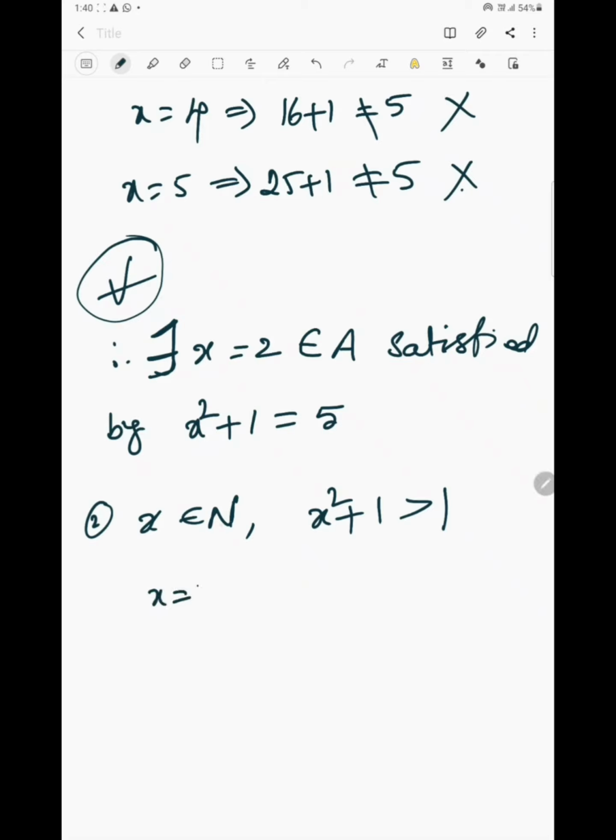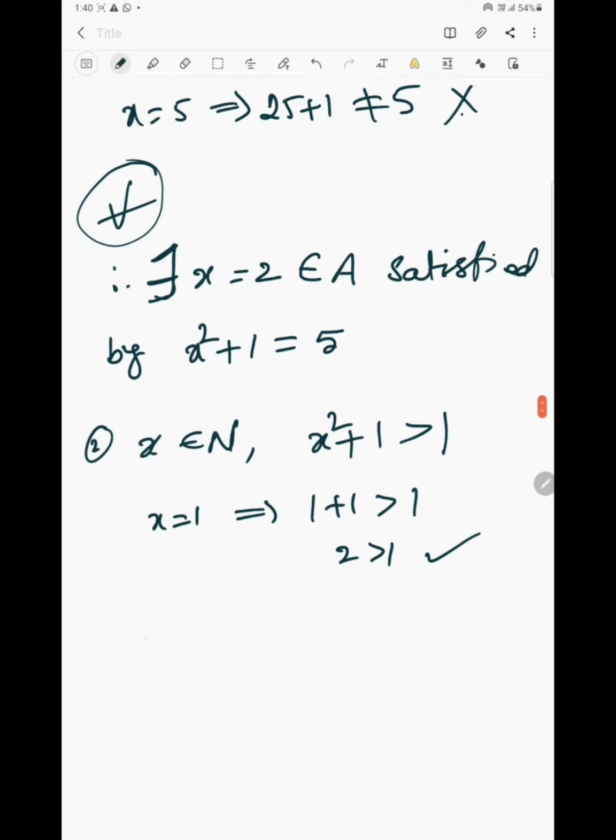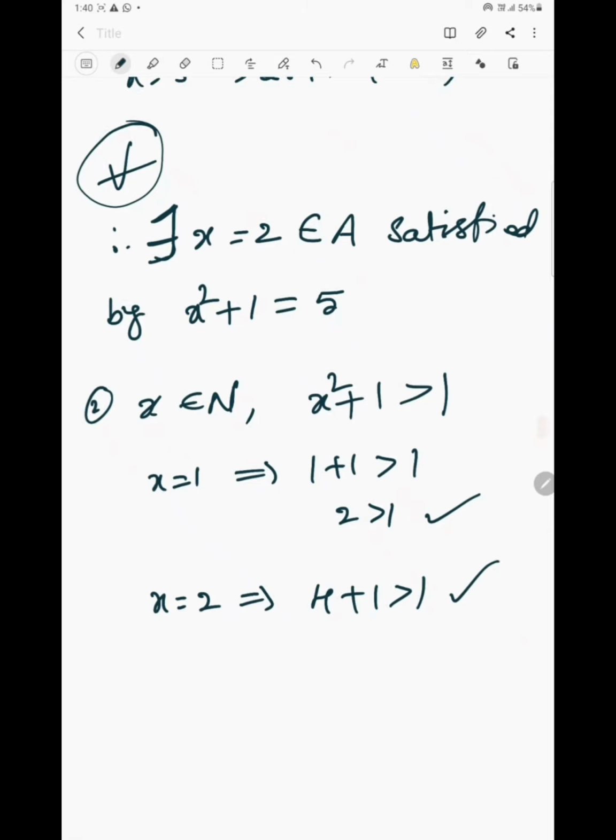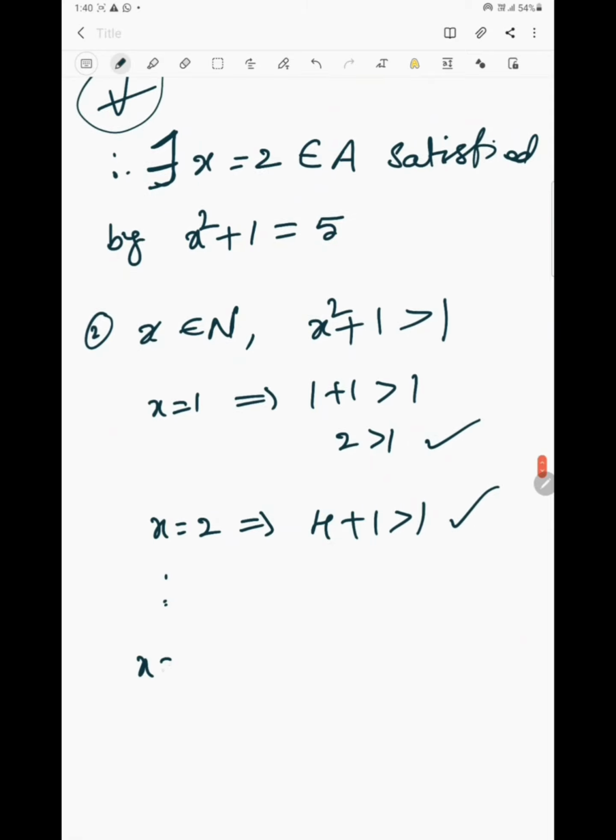Suppose I am taking x is equal to 1. So 1 plus 1 is greater than 1, that is 2 greater than 1. Yes, correct. If I am taking x is equal to 2, then 4 plus 1 is greater than 1, 5 is greater than 1. Yes. If I am taking x is equal to 10, then 100 plus 1, yes, it is greater than 1.